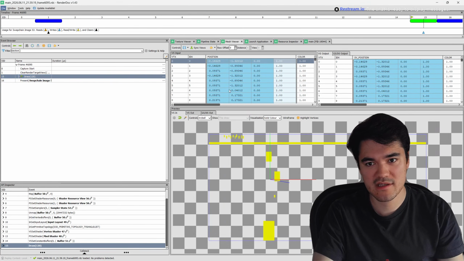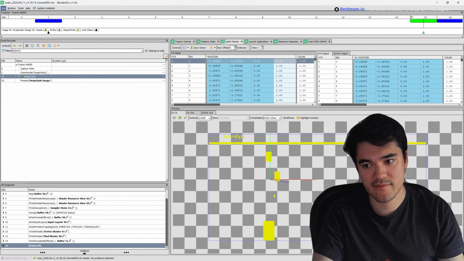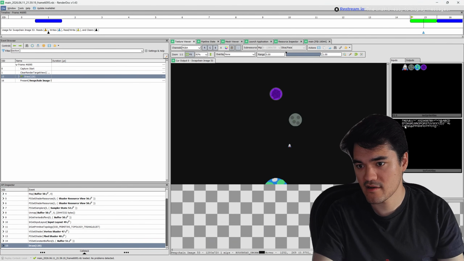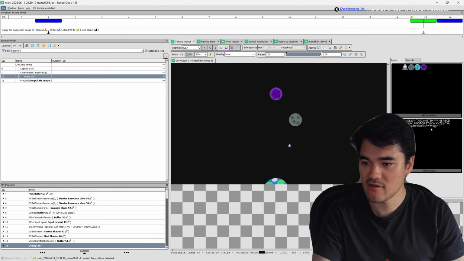So you can see we have the spaceship, the planet, moon, gate, right? And then, oh, what is that? Oh, that's the font. Oh, cool. Look, you can actually see the bitmap now. That's actually pretty cool.